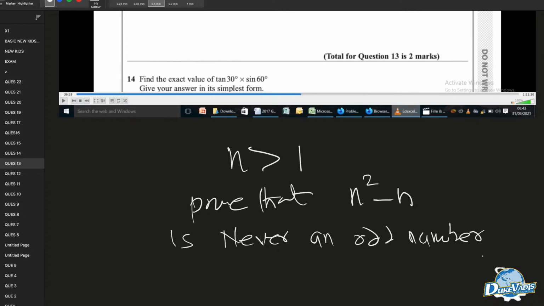Okay, for us to be able to solve such a question, we have to look at it from this perspective. When multiplying odd numbers, for instance, it will be equal to what? Odd. That is the answer.